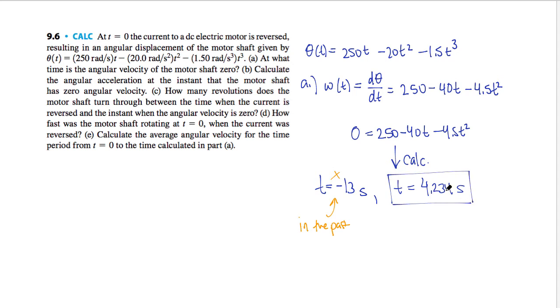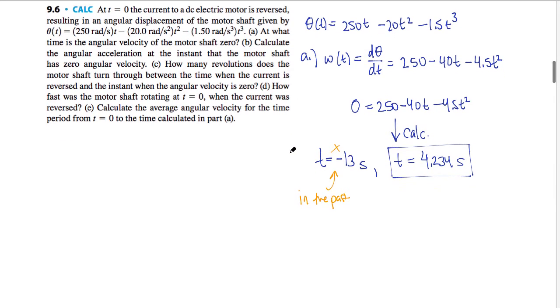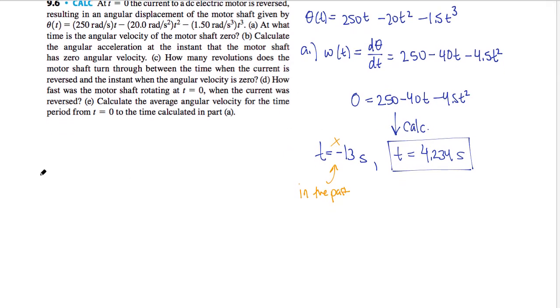Now, question B says, calculate the angular acceleration at the instant the motor shaft has 0 angular velocity. So, for part B, I know that alpha is equal to, in this case, d omega dt. I could also do the second derivative of theta, but I already have a function for omega, so I'll just do a single derivative and call it a day.